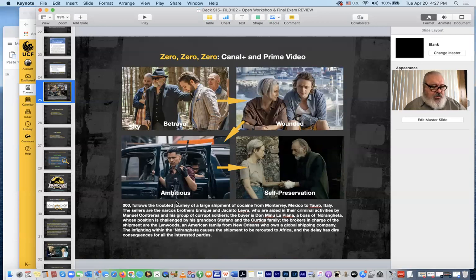But instead, he decides that nice guys finish last, and that it would be more fruitful for him financially if he were to, the old saying is, if you can't beat them, join them, right?